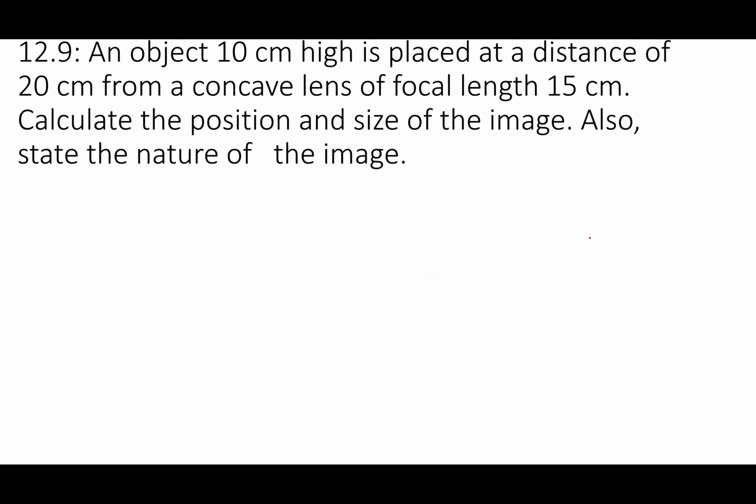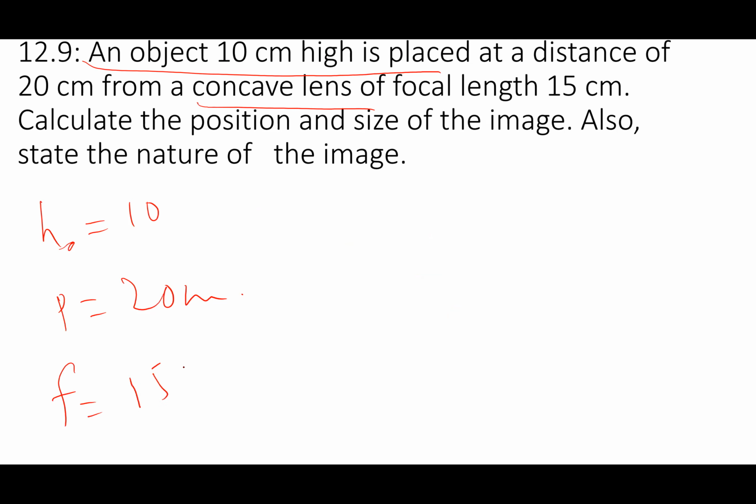Next, an object 10 centimeter high is placed at an object distance of 20 centimeter from a concave lens. Height of object is 10 centimeter. The lens is concave, so concave is diverging, so focal length should be taken negative.